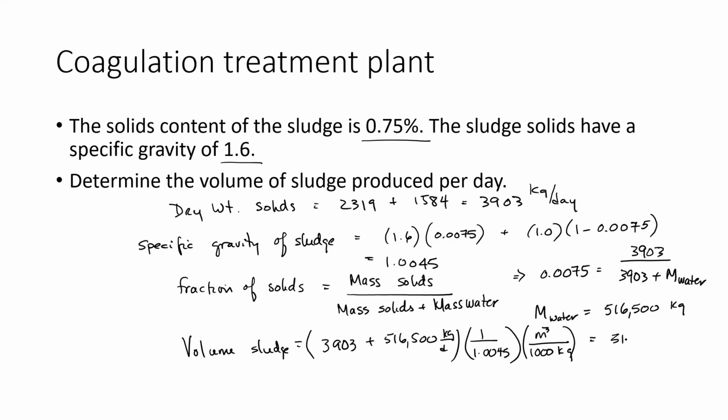And this is 518 cubic meters per day, which, just to give you this in gallons, is about 137,000 gallons per day of sludge that we need to treat and ultimately dispose of.